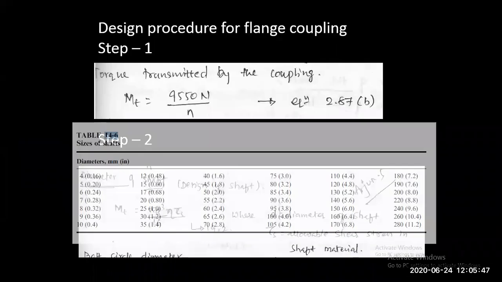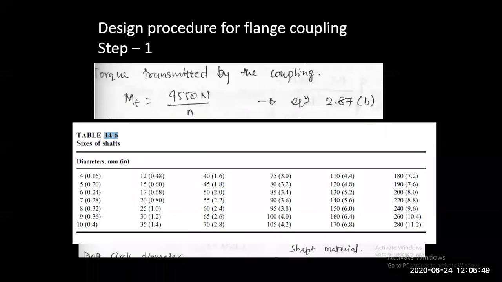Okay, so once we are done with step 2, we need to refer to this table 14.6, the standard diameters. What value we got is 26.42, but see what we have as the nearest value here. The nearest value is 30. So we can't round it off to 27 or 28.